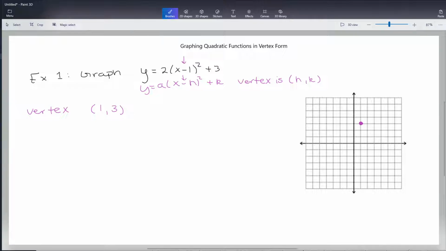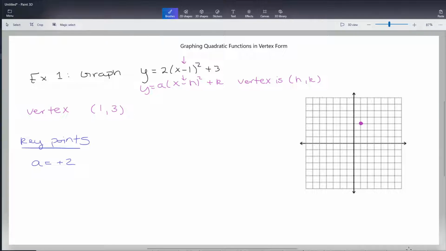Then I'm going to look at the other key points. My A value is positive 2, so this is really all I need for both of these key points. I'm going to start by doing my first key point.